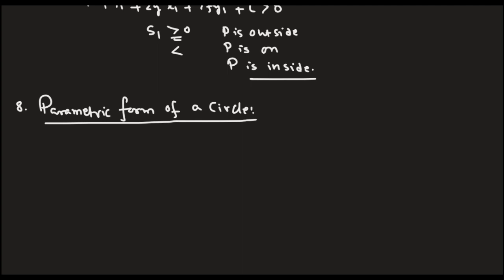So I am taking one circle whose center I know. This is my coordinate axis.